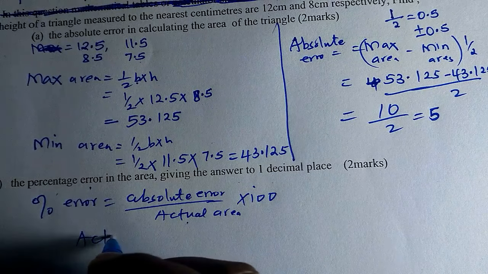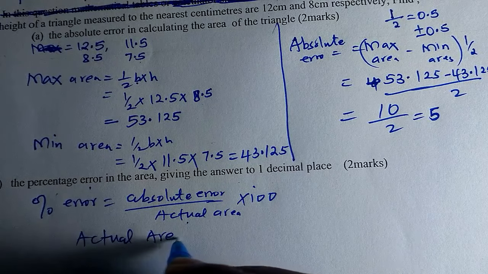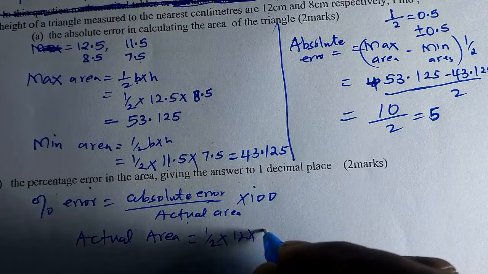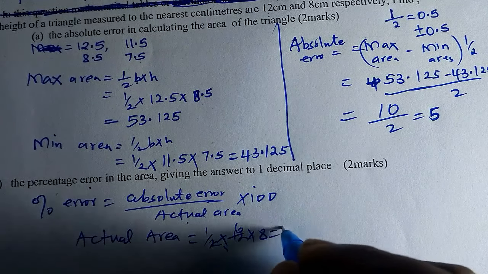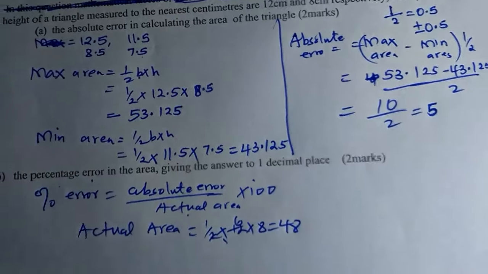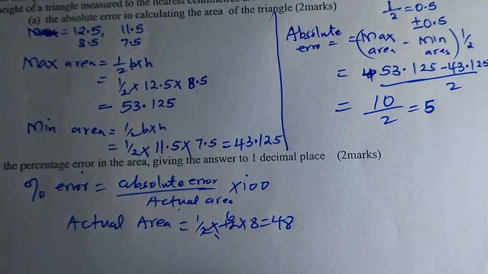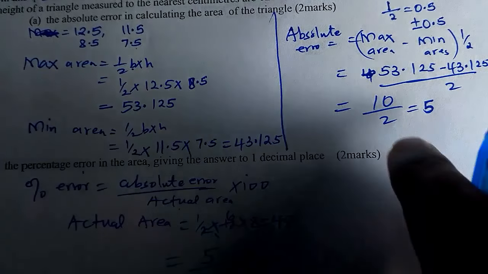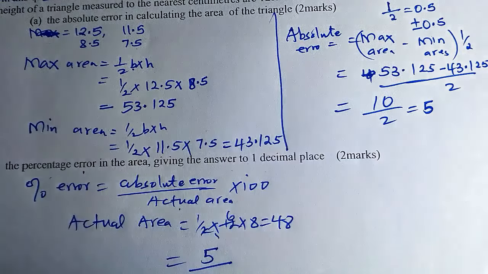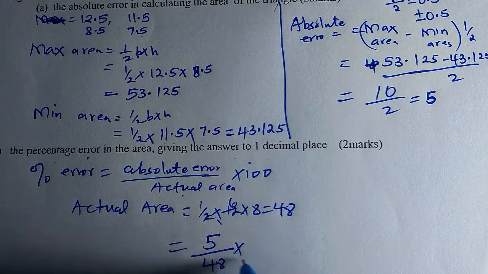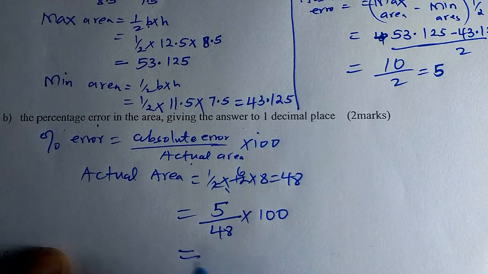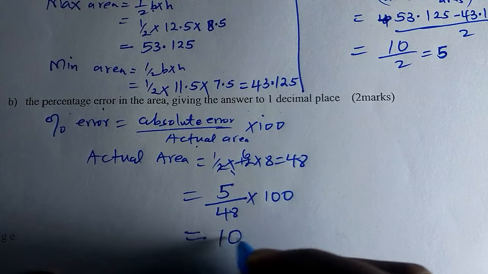Actual area is equal to a half times base, which is 12, times height, which is 8. So 48 is the actual area. Now we can put this one, that is 5, the absolute error, over 48 times 100. This gives us 10.4%.